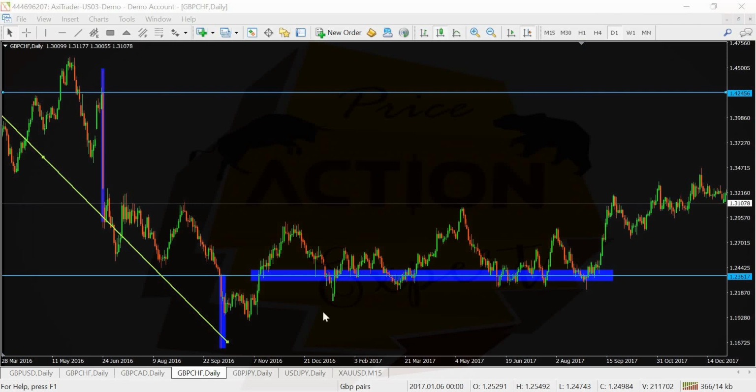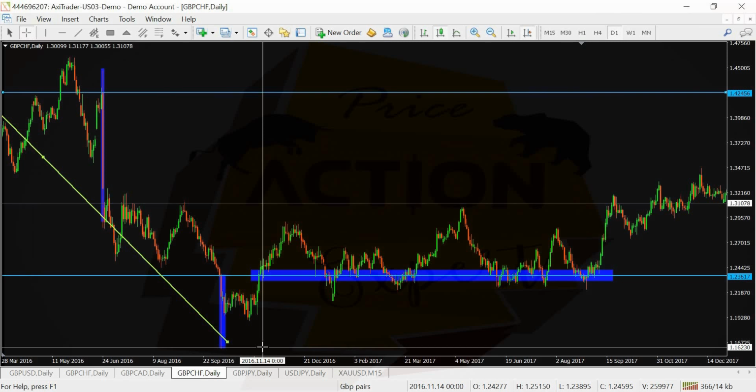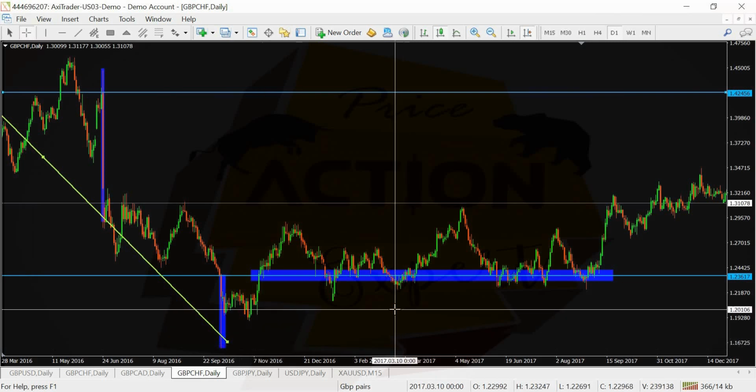For example, the high of a day or low of a day can be changed at any time. But the opening price is always fixed. The closing price can also be changed. We do not know what will be the high of a day or low of a day, or what will be the closing price.